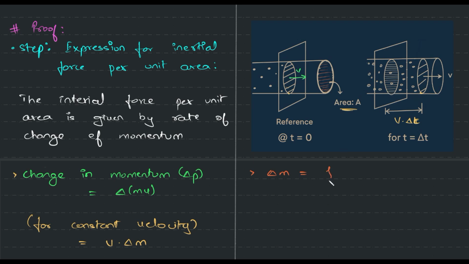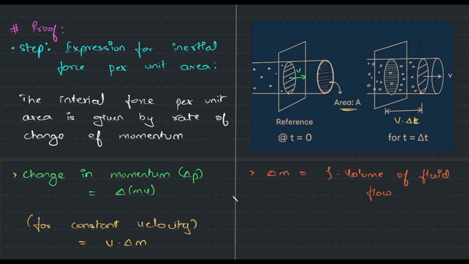It is given by density into volume of the fluid which has moved. Basically, we're looking at rate of change of momentum. Change in momentum is given by change in mass times velocity, mv2 minus mv1.